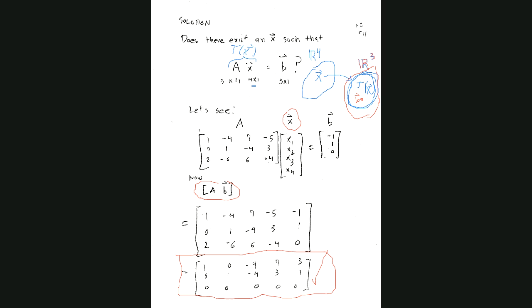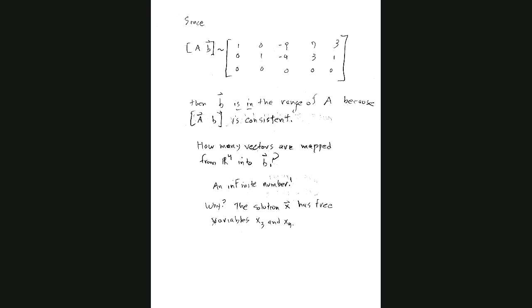May I move to the next page? All right. Since b is in the range, I want to be careful here. I don't think I wrote that right. I don't want to say A, I want to say our linear transformation.